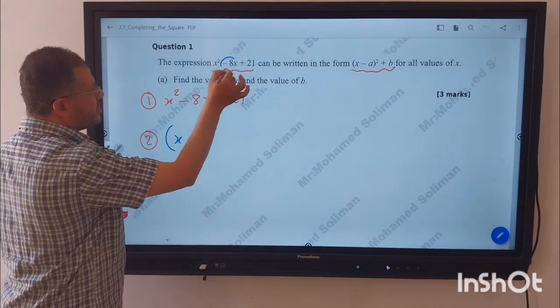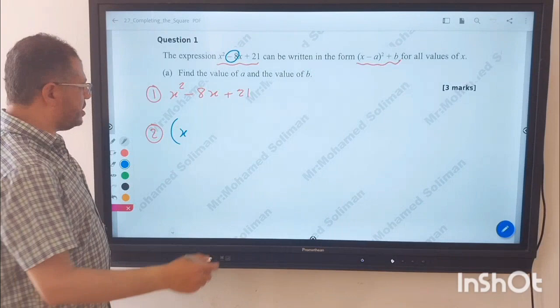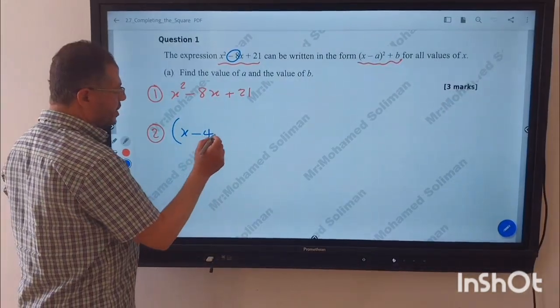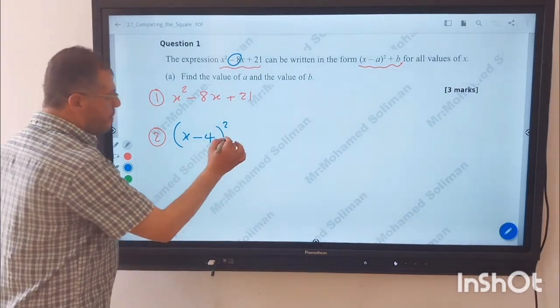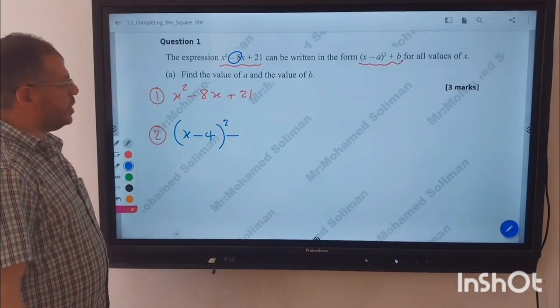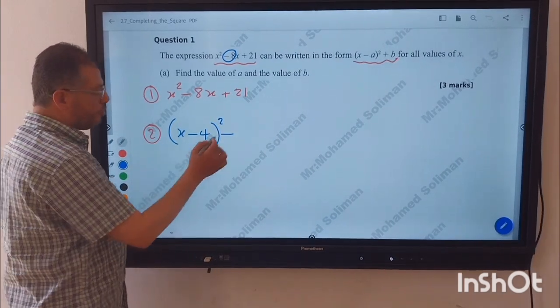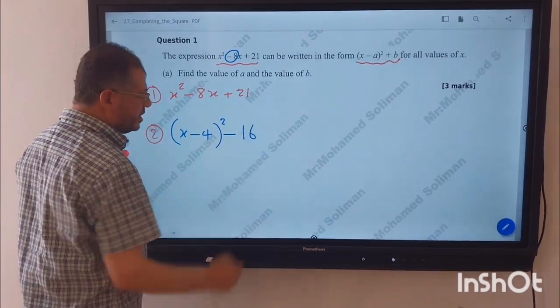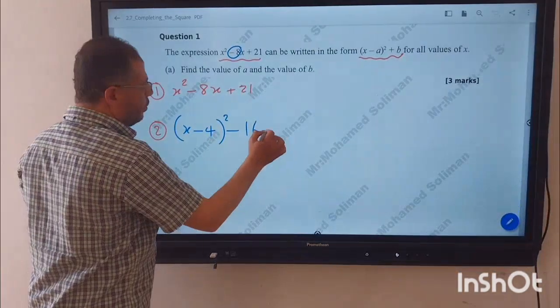Then I'll take this negative 8. What is the half of negative 8? The half of negative 8 is negative 4. So I write here negative 4, then put power of 2. Minus what? I have to make this negative 4 to the power of 2. Negative 4 to the power of 2 equals what? 16. Next step, I have here plus 21.